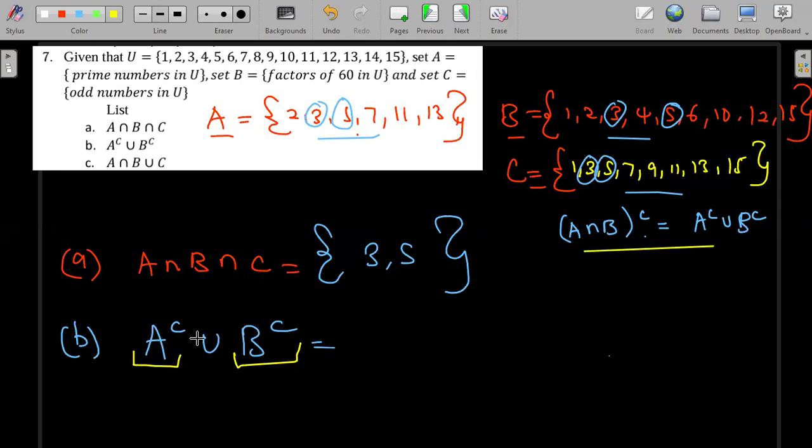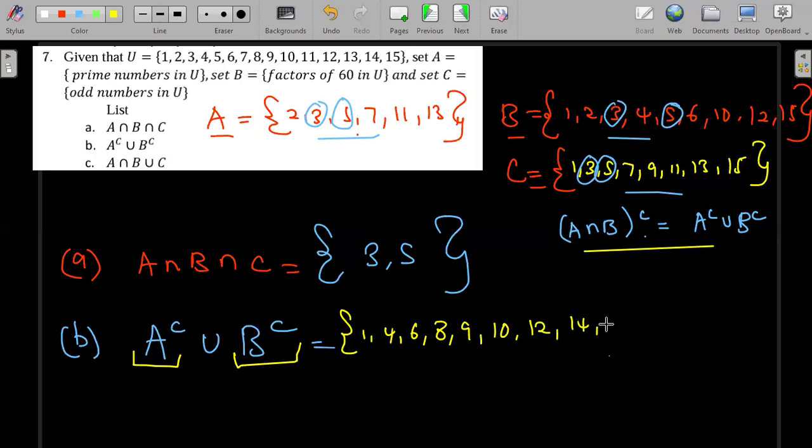So A complement is just all the members that are not in A. I'll list A complement here, comparing this to the universal set. So 1, 2, 3, 4, 5 is there. 6 is not. 7 is there. 8, 9, 10, 11 is there, so I jump it. 12, 13 is there, so I jump it.